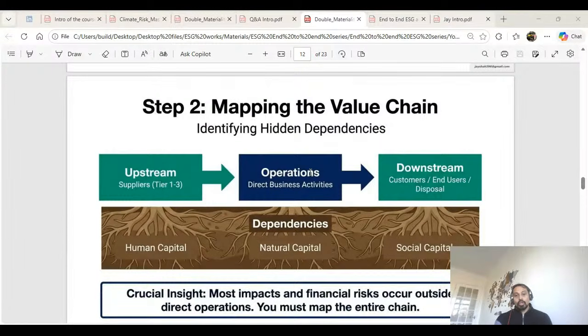They happen upstream, through your suppliers; through your operations, which are your existing products and services and direct activities; and downstream, which is your customers and disposal. All of it depends on human capital, natural capital, and social capital. So you have to understand the whole value chain mapping, which helps you understand the overall context.